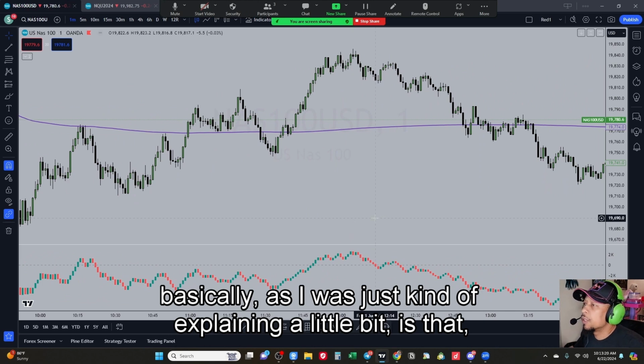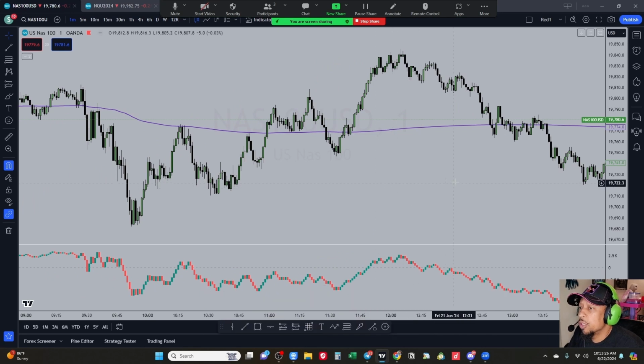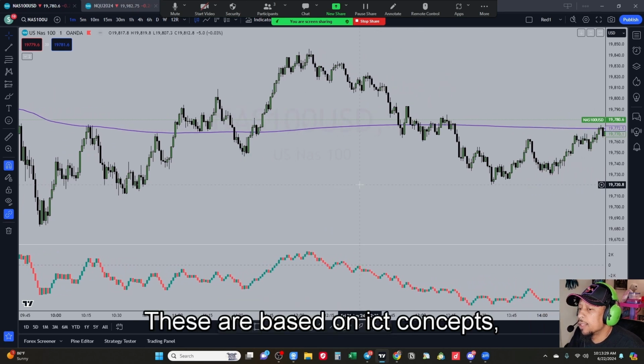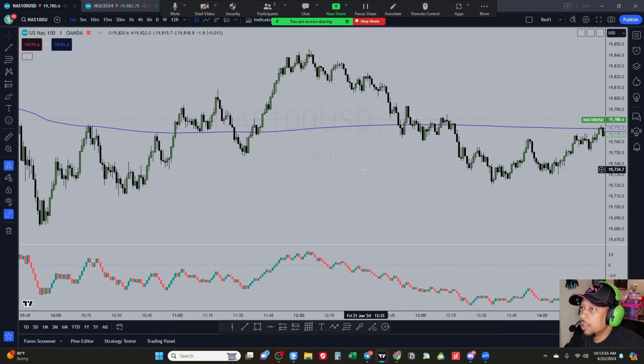Basically, as I was just kind of explaining a little bit, with my strategy, it's pretty similar to a scalping strategy. These are based on ICT concepts, but I don't involve everything that he talks about, just a few key points.